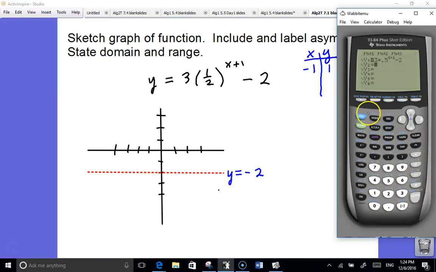And then let's go to the table of values and just take a couple integer values from there. So let's see, I just did -1 and I got +1, and it looks like the y-intercept is -1/2. See that? -1, 1, and 0, -1/2.